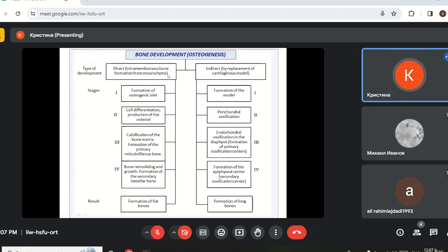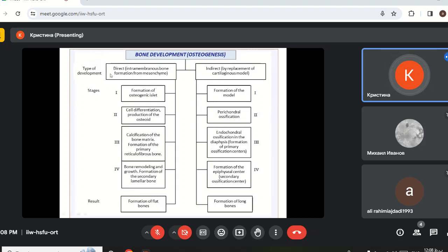The direct type of development of the bone is characteristic for the development of flat bones, and the example is the development of the jaws. And we will see this type of development in the histological preparation of the frontal section of the jaws of the pig embryo.